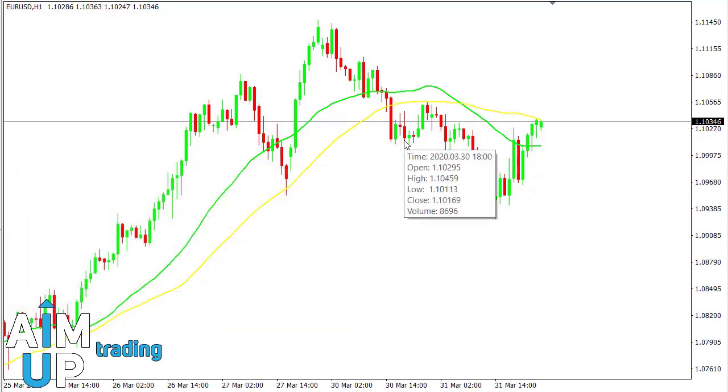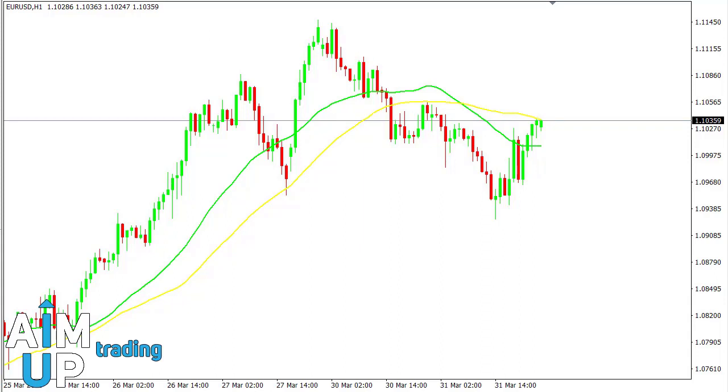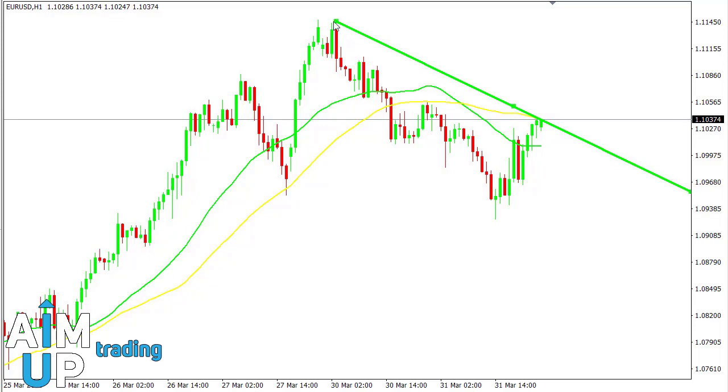And also what we can see, first of all, of course, we have to determine the trend on the bigger time frame before we go to the lower time frame, where we're actually gonna be executing our trades. We have to determine where the price might go. As you can see, we have the green and the yellow moving averages crossed, and now I'm putting a trend line right here.